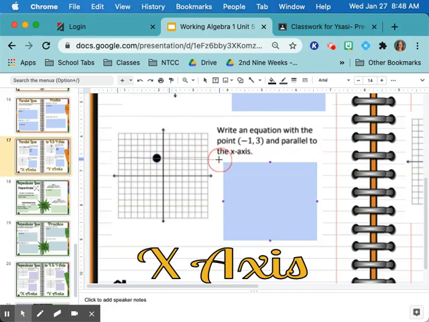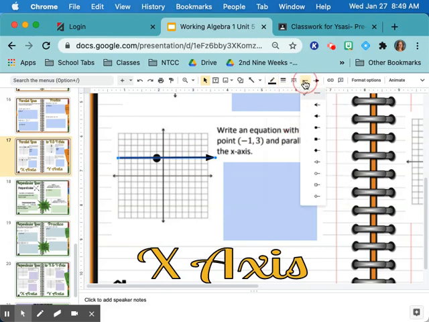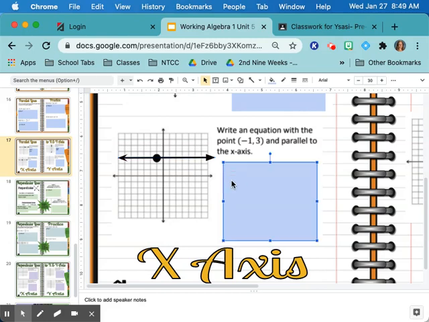Horizontal. So will we use HOY or VUX? HOY, because it's horizontal, right? That means our equation is written as y equals, what's the y value? 3. See how it's coming from our x, y coordinate?